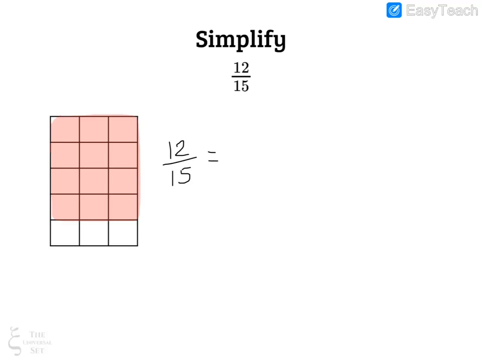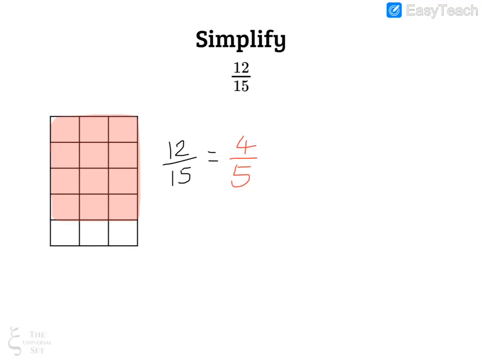Well, I reckon it's the same as, well, let's look at how many rows we've got. 1, 2, 3, 4, 5 rows, and I've shaded in precisely 4 of those rows, haven't I? 1, 2, 3, 4 out of 5, so 4/5. It's the same as 4/5.